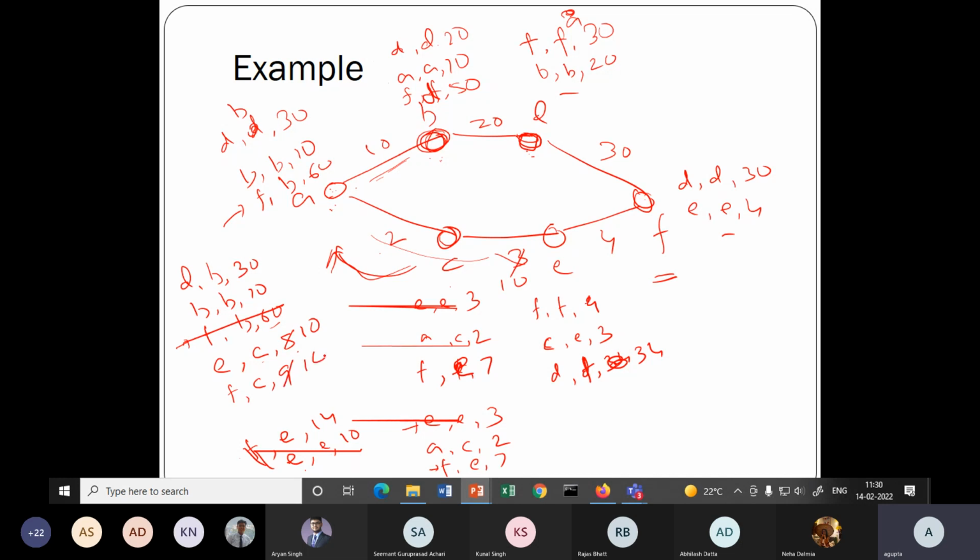Same for F, I'll blindly trust C. Because C has told me something has happened beyond in the network, which has increased the cost. My earlier information was also through C. I will always trust C. Now C is telling me something more, I will just do that. Is that clear? Those two cases when you update the rules.